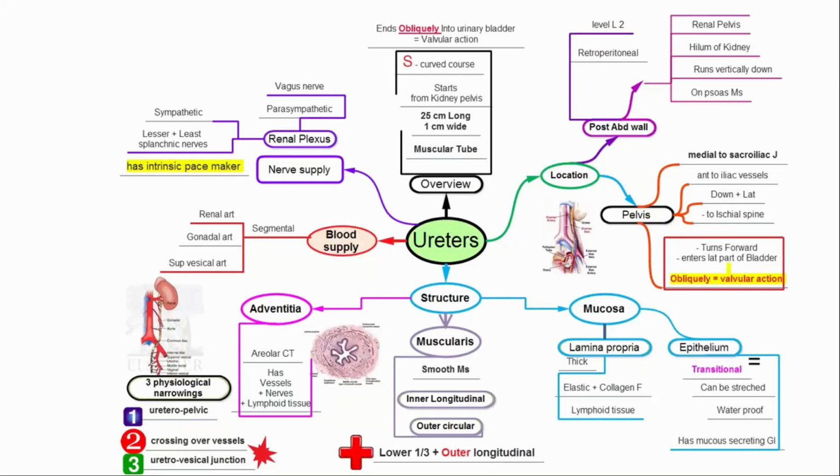And then as we come lower down near the bladder, there is another layer added to the lower third, which is an outer longitudinal smooth muscle.